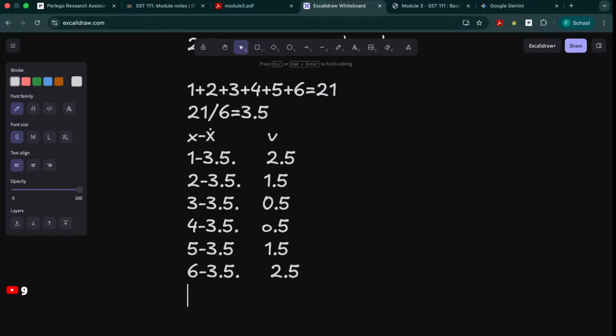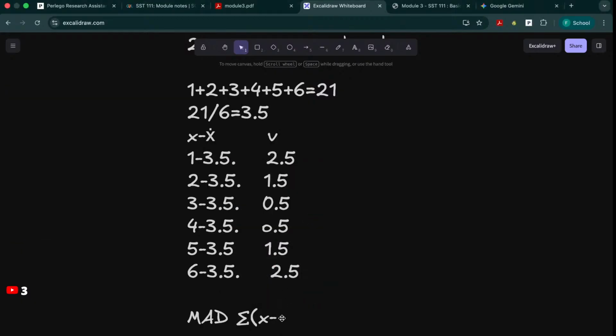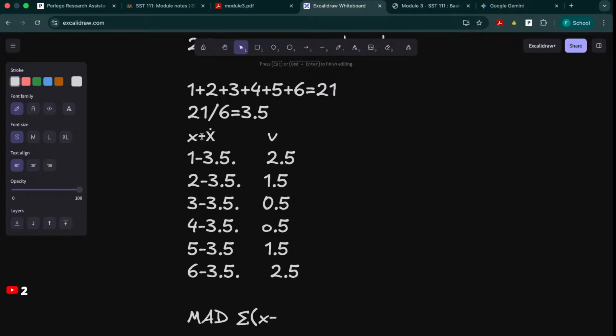So the formula for calculating mean deviation, we write it as the summation of x minus x bar, divided by n.